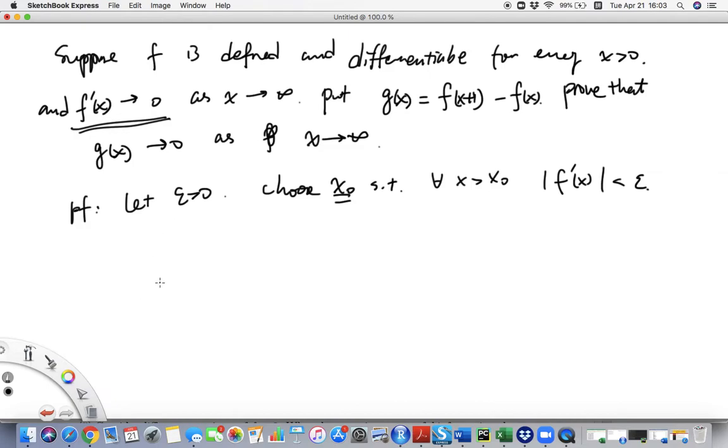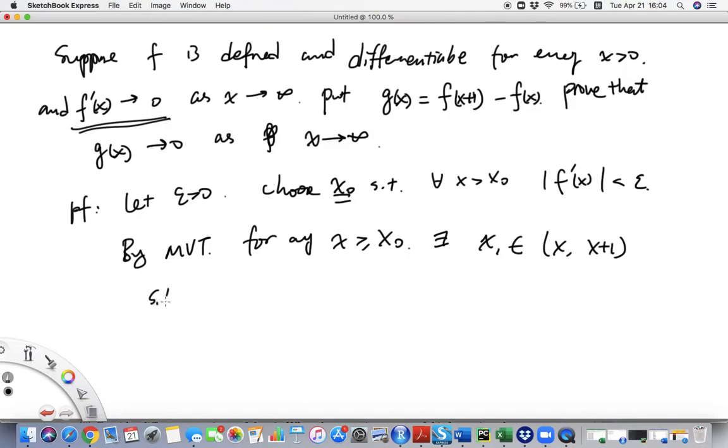Then, again by the mean value theorem, for any x greater than or equal to x0, there exists x1 in this interval such that f of x plus 1 minus f of x is equal to f prime of x1.